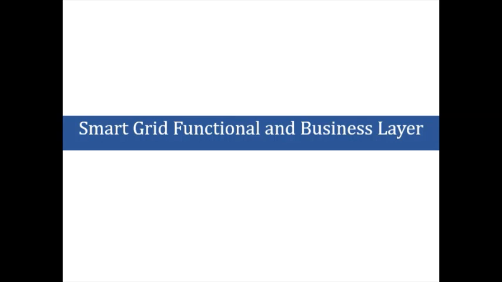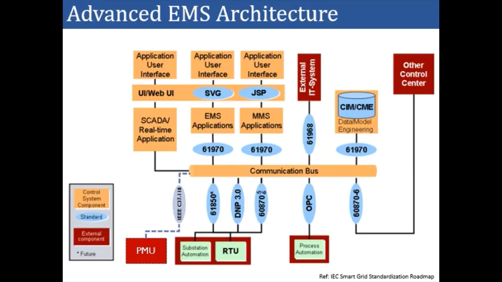Now, in this video, we will discuss the smart grid functional and business layer. The functional layer of the smart grid contains multiple applications, and it is very wide because we have a lot of functional requirements which are built as part of various software applications, and the complete suite of applications creates the overall functional layer.